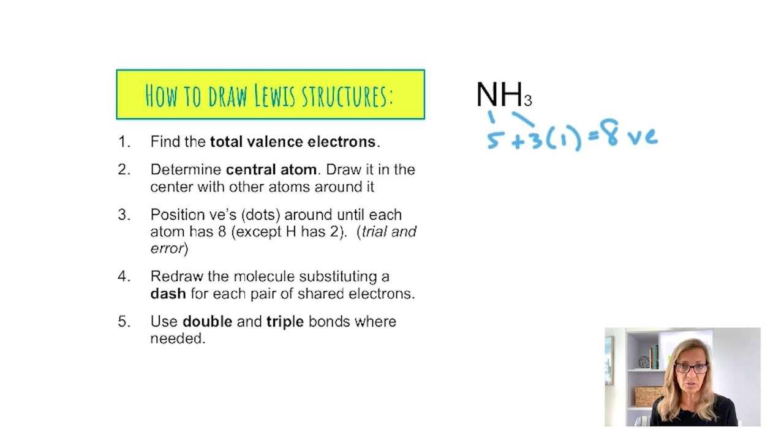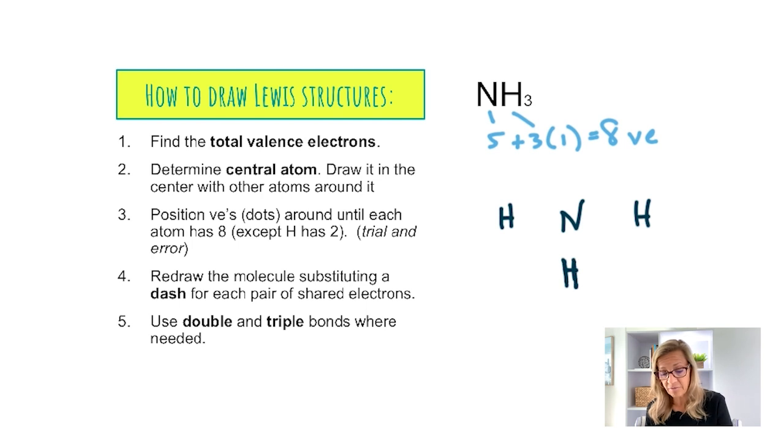Then determine the central atom. Well, I'm guessing here that it's probably nitrogen. And then since there's 3 hydrogens, we'll place those around. Okay, remember I said this is trial and error. Then we've got 8 valence electrons to position around each atom until everybody has 8, except for hydrogen, and he only needs 2.